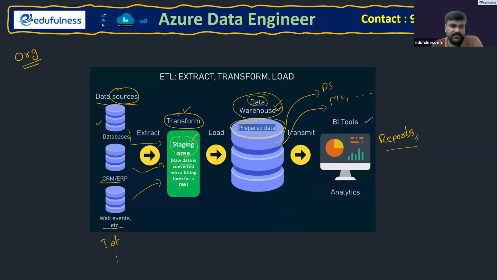So this is the flow, if you observe at a high level. Here you are bringing data from the original sources into the data warehouse, then that is feeding the reports.